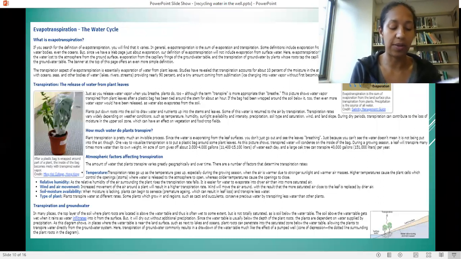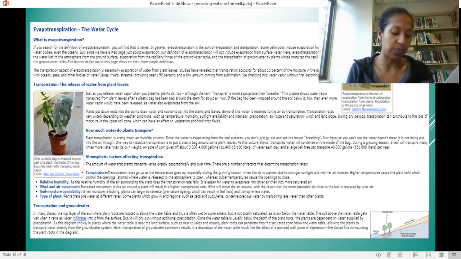The part that I will go over with them is called transpiration, the release of water from leaves. Just as you release water vapors when you breathe, plants do too. Although the term transpire is more appropriate than breathe, I will ask the students who breathes, and I'm sure they would say us, the animals.